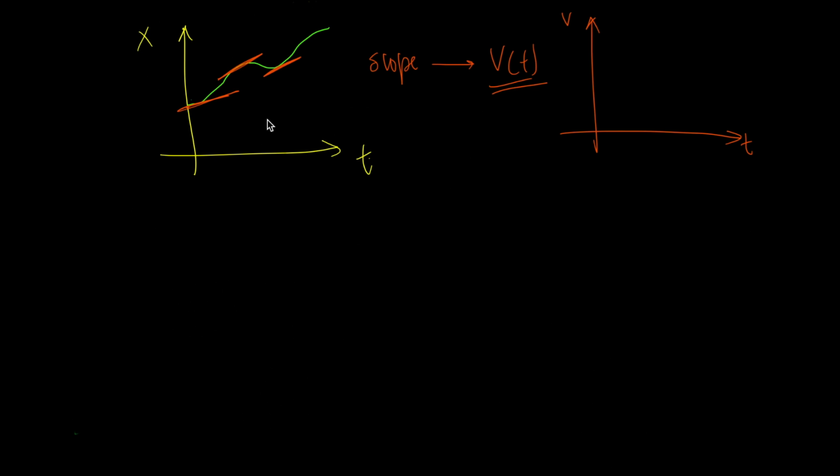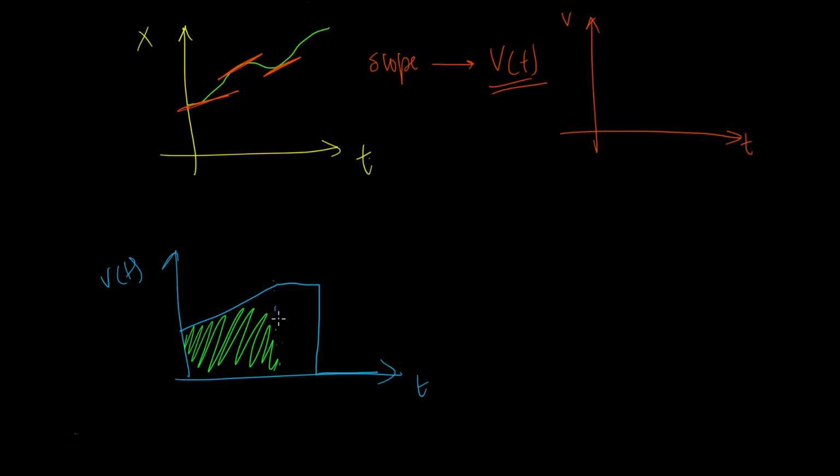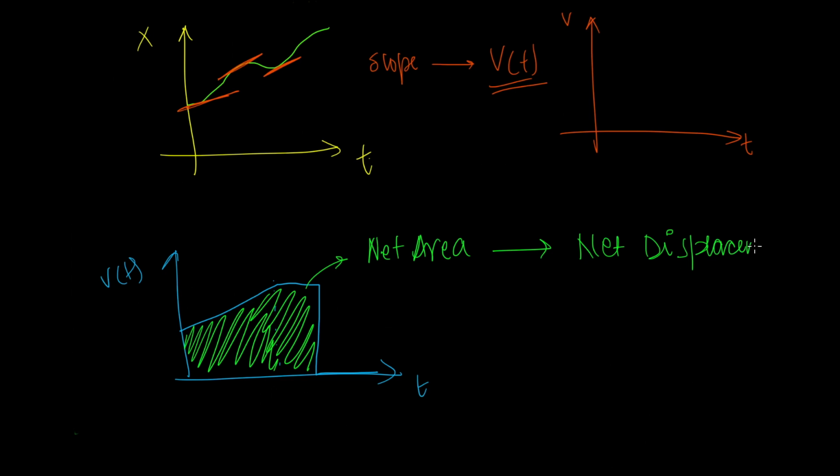And what we have also shown is the fact that once we know what v versus t looks like, say v versus t looks like that, something like that, then we know that the area in some interval of time, the net area on a v versus t gives us the net displacement. And using that information, we can plot our x versus t graph back again.